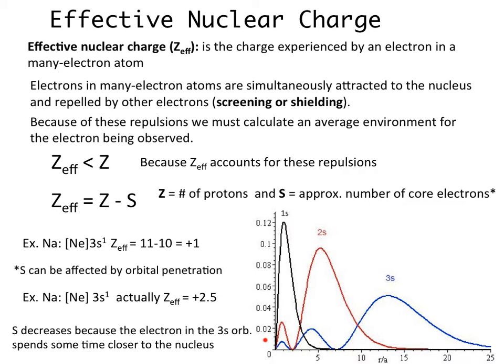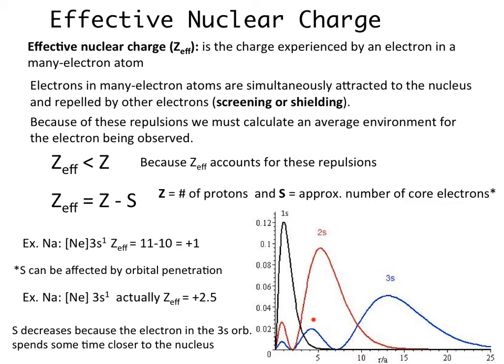However, there's a small probability that they could be closer. Same thing goes for 3s and so on. So in this case, the 3s electron that we're looking at here, the one that's being affected by that nuclear charge, actually has a few chances of residing closer to the nucleus.